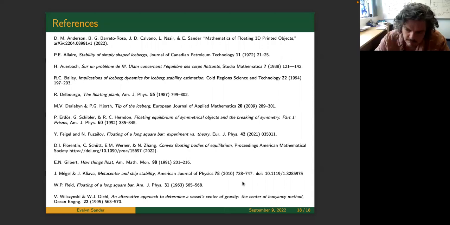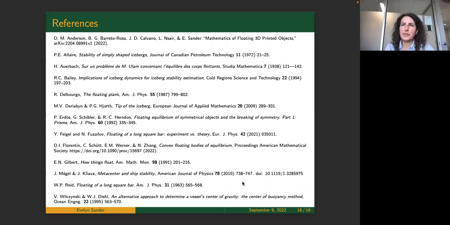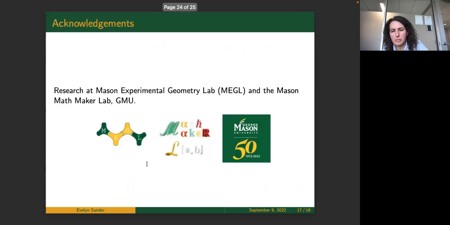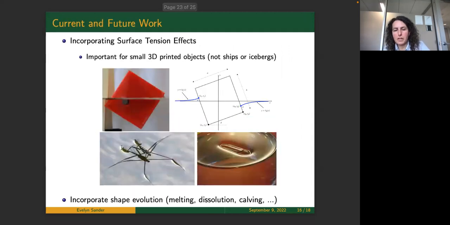So, trying to think how this works. I don't think it's on this reference list, but one of the cases of looking at surface tension was actually about the dynamics, and it was a little tabletop experiment.